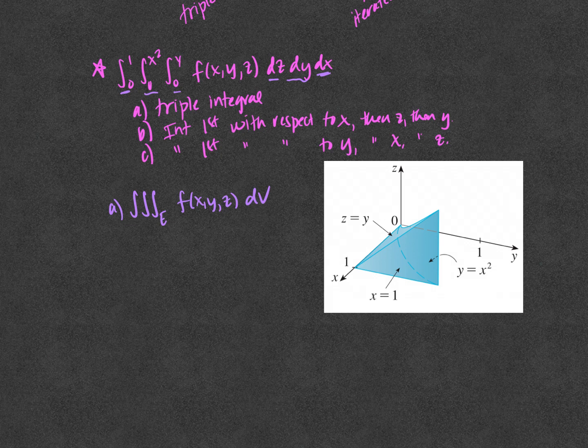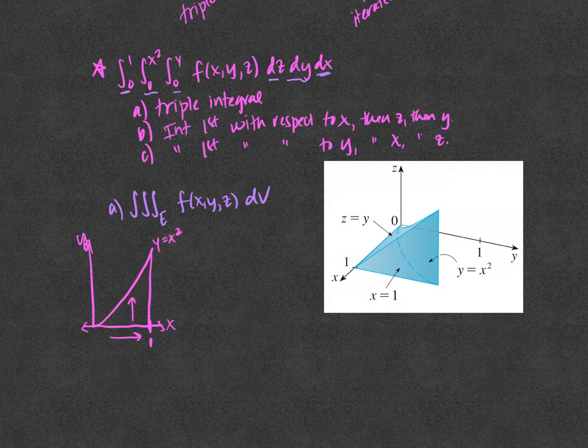And let's start with 0 to 1 for x. Let's talk about the xy plane. So here we have the xy plane. As we look at the xy plane, x goes from 0 to 1, and y goes from 0 to x squared.